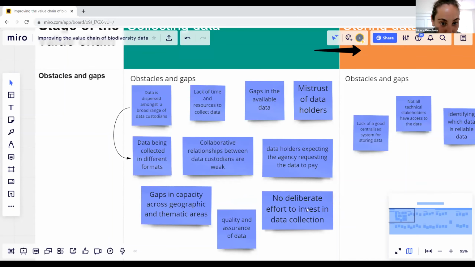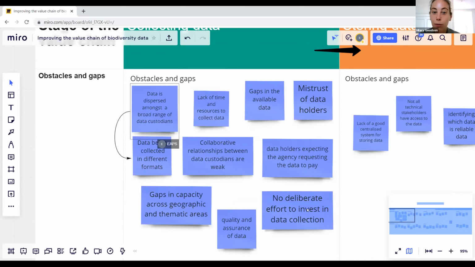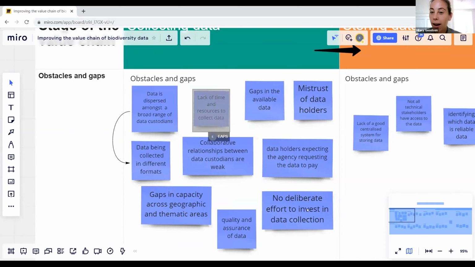Somebody else wrote about data holders expecting the agency requesting the data to pay. I think payment for filling that capacity and contribution is still a huge issue in terms of how we mobilize those resources, and how we spread that out to level up and fill some of those gaps, which needs to be addressed.